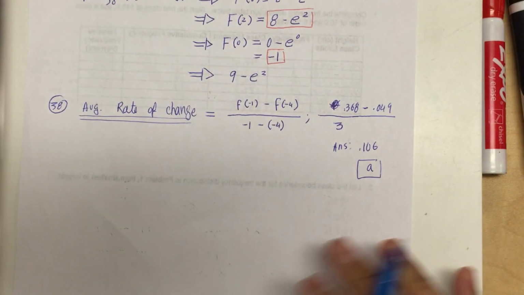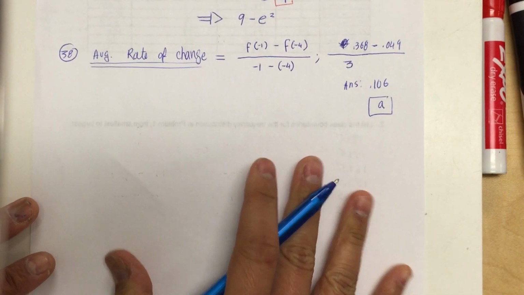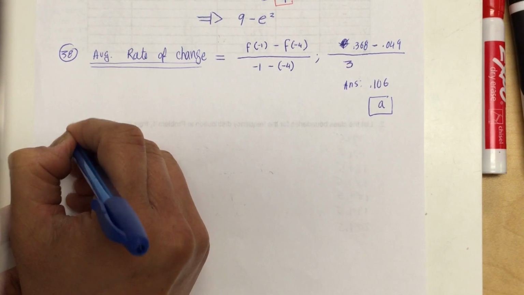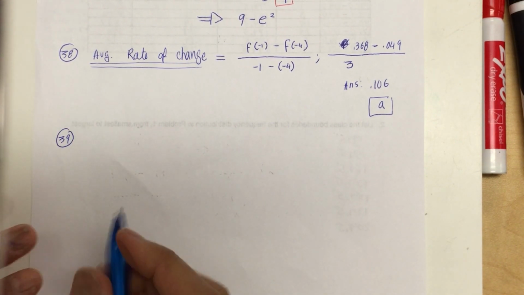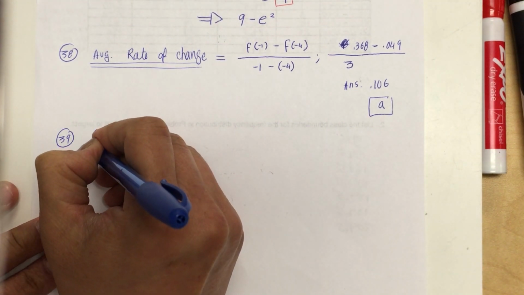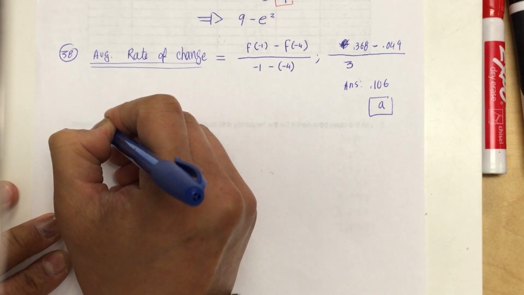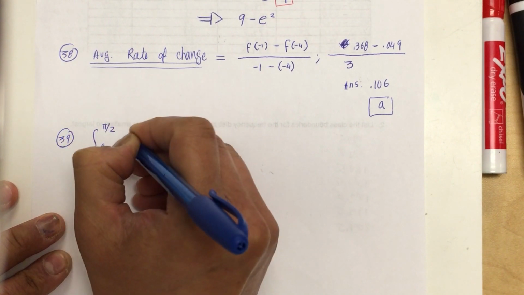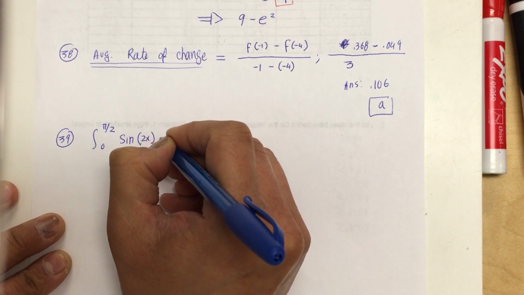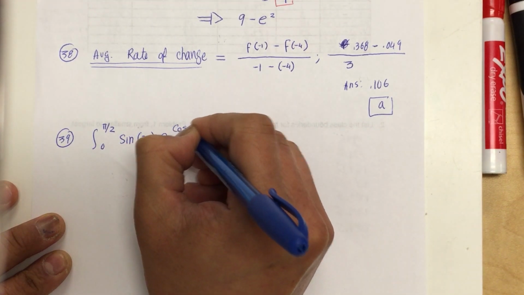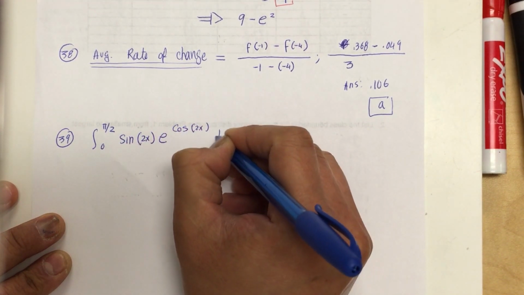Okay. All right, let's go on to number 39. Number 39 says, consider the integral. So we have an integral from 0 to pi over 2 of sine of 2x e to the cosine of 2x dx.